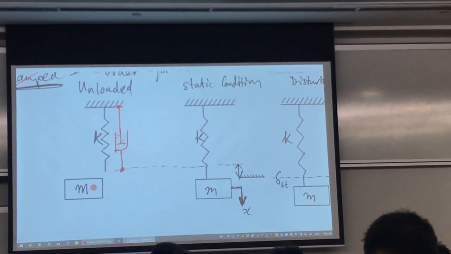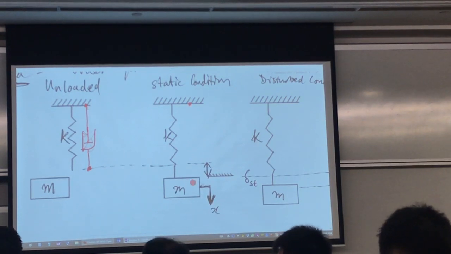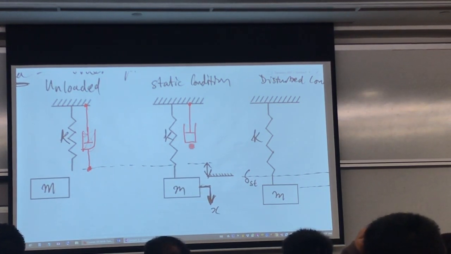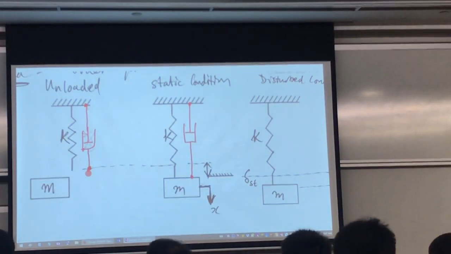So if I were to have it over here, attached to a mass, then the mass is going to pull it down a little. So this part here is going to get pulled down, the lower part.